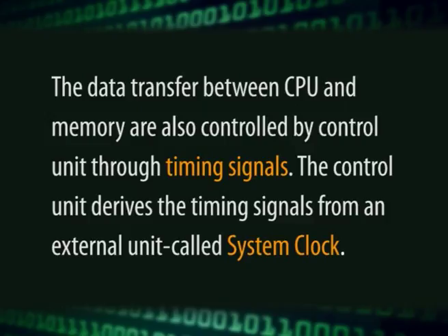The control unit ensures that the second step starts only after the completion of first step and so on. In short, the control unit ensures the strict sequence and timing of various operations taking place in ALU, FPU and various other units of CPU. The data transfer between CPU and memory is also controlled by the control unit through timing signals. The control unit derives the timing signals from an external unit called system clock.